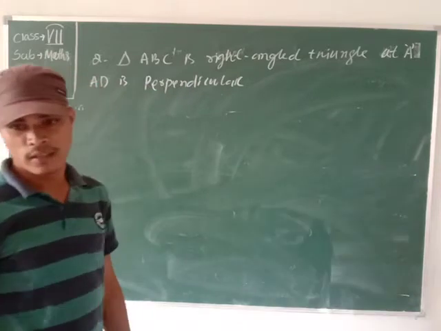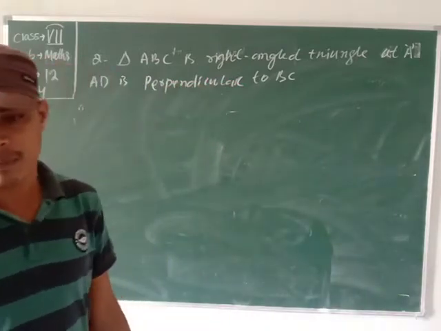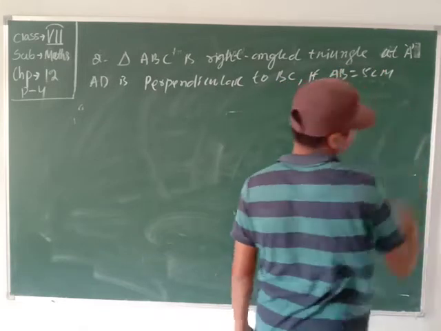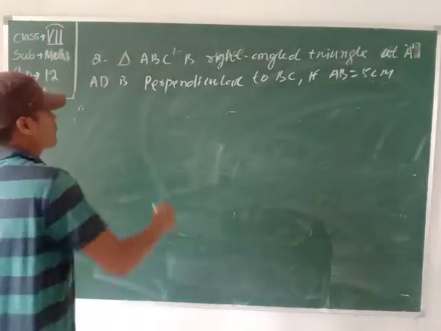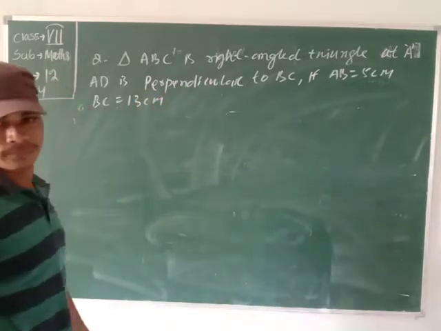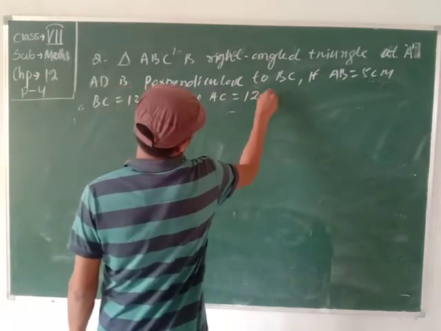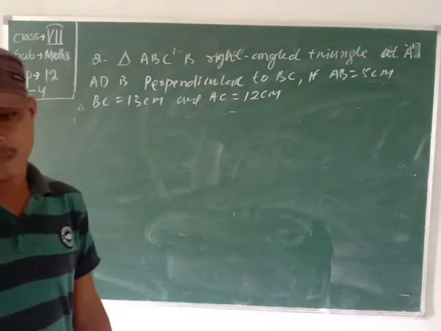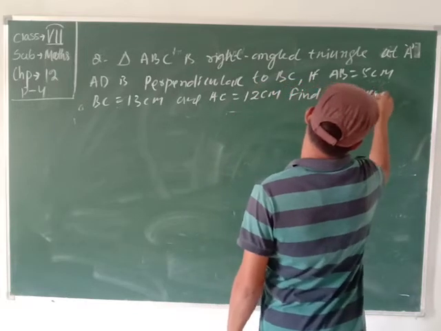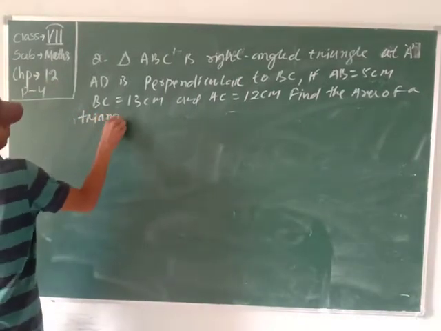AD is perpendicular to BC, and if AB equal to 5 centimeter, BC equal to 30 centimeter, and AC equal to 12 centimeter, find the area of the triangle.